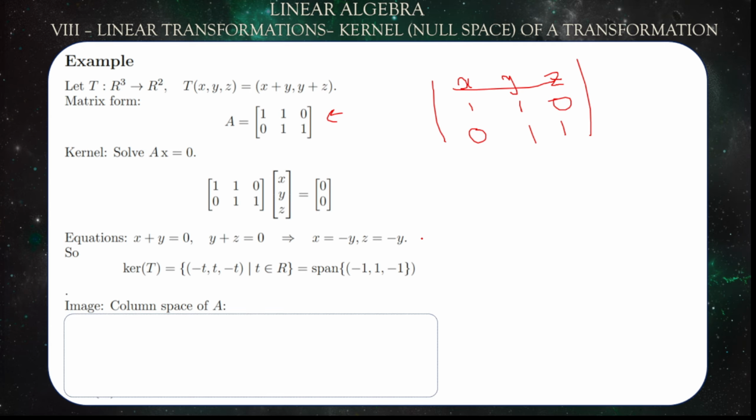We solve them all with respect to y, and you can take y equal to 1, so we fix y at 1, and we get x and z in terms of y.